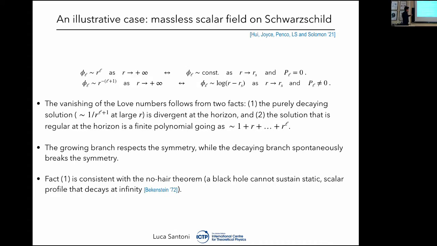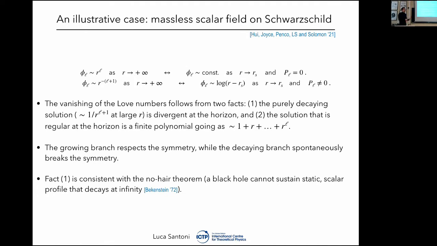So let me summarize. The vanishing of the Love numbers basically follows from two facts: that the purely decaying solution is divergent at the horizon, and the solution that is regular at the horizon is basically a finite polynomial. So there is no 1 over R tail, and the growing branch respects the symmetry.